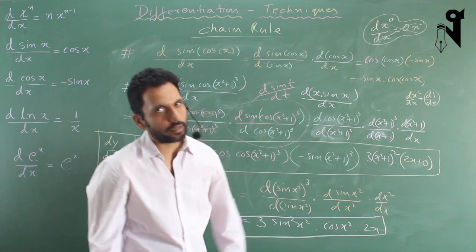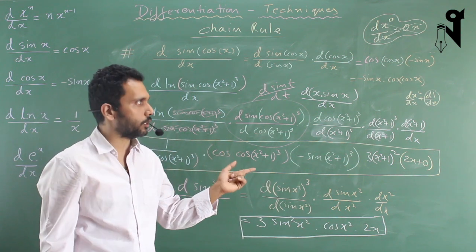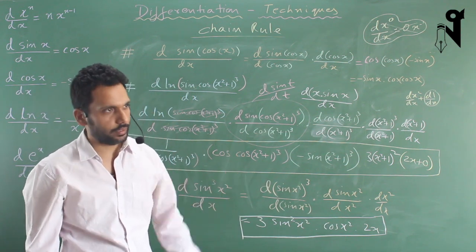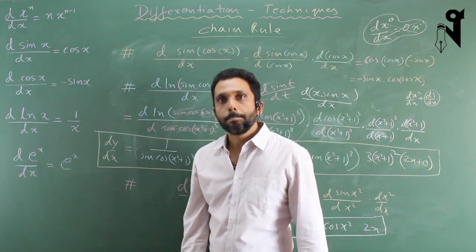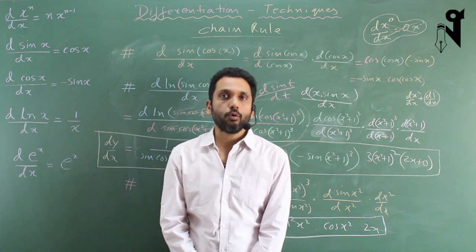But if it is a product, it is not. You can go back to the first principles and check out that it is not. So next we'll be doing how to do these.